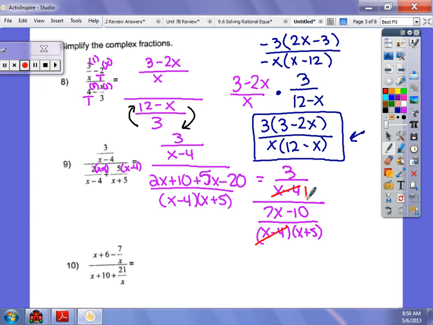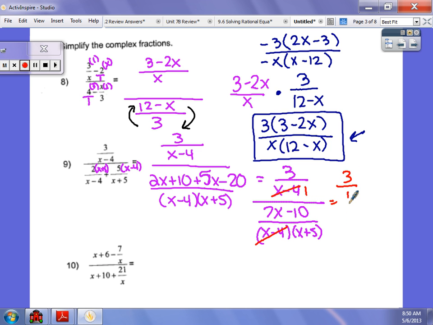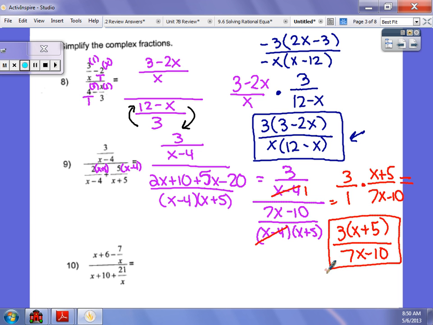So this becomes a 1. So now when we rewrite it, it becomes 3 over 1 times your flipped fraction, which is x plus 5 over 7x minus 10. Since they have nothing in common, you just write what you have left. And that's your answer.